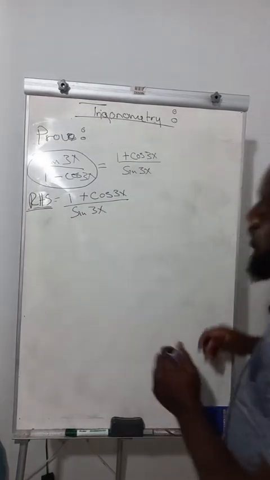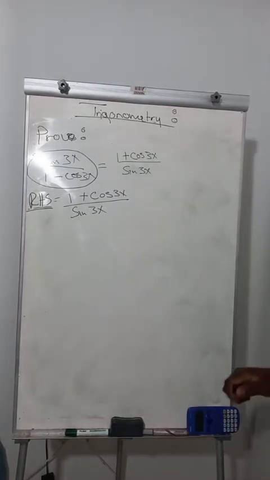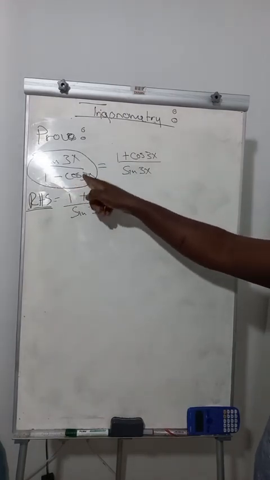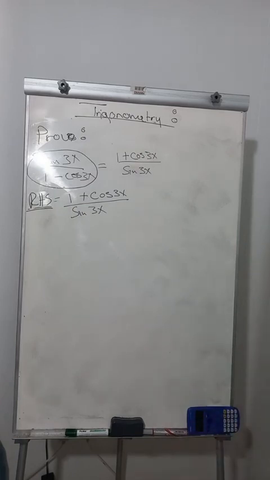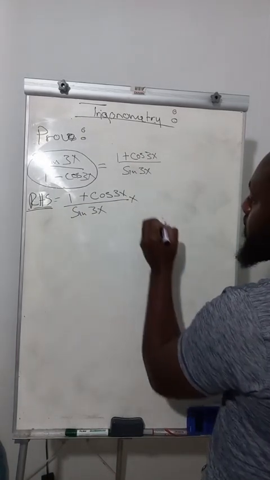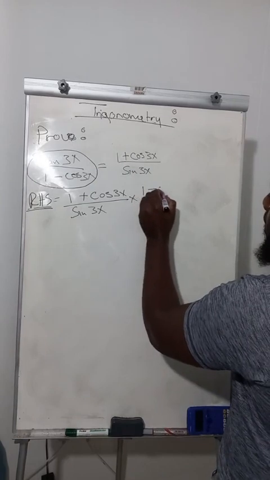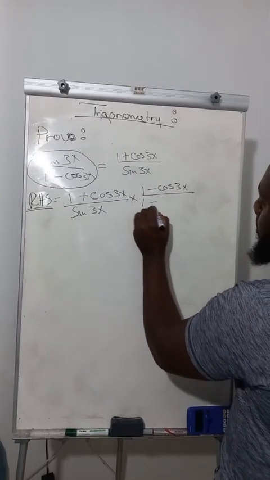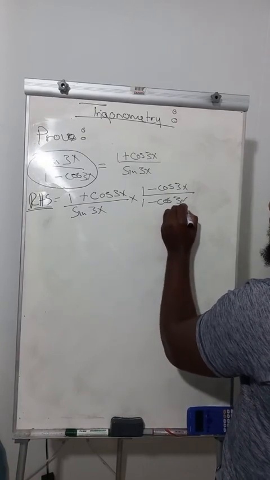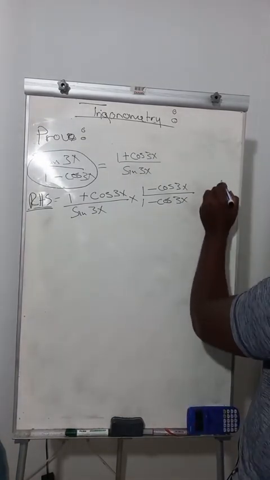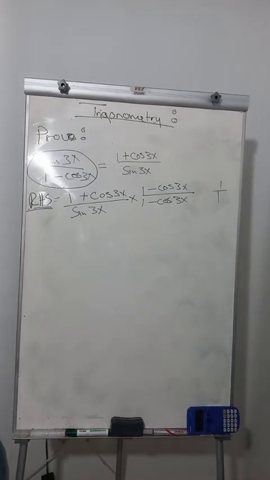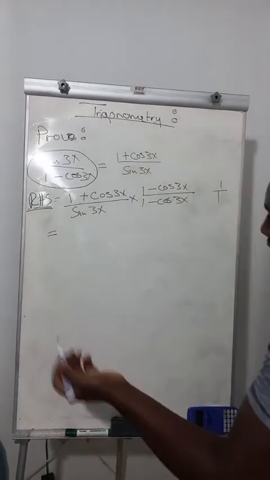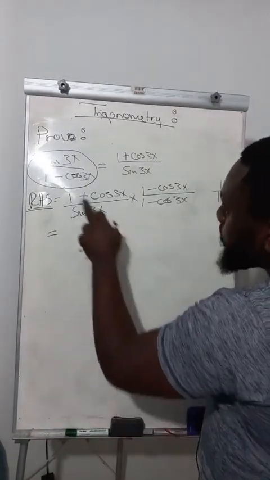3x. Now before proceeding, check what you are having here. You are having 1 minus cos 3x on your denominator. So you need to multiply this by 1 minus cos 3x divided by 1 minus cos 3x. Again, this is the same as multiplying with 1. Now, what do you have on top?